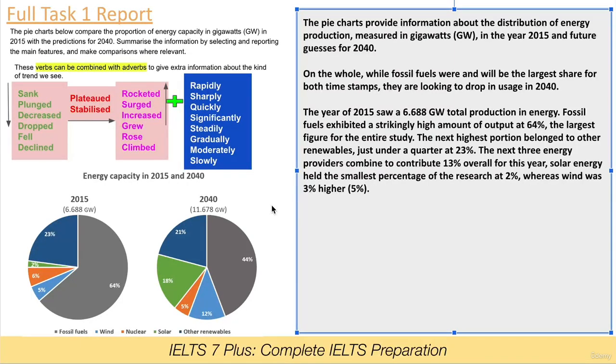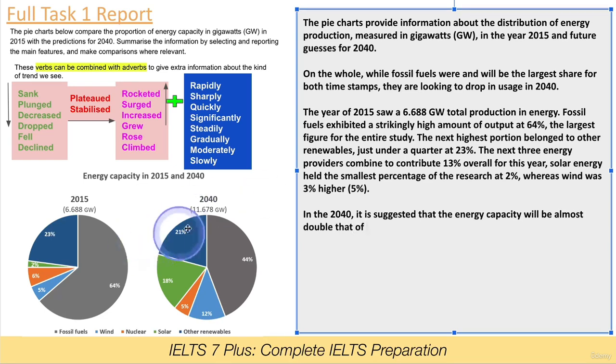Okay, so let's now go to 2040, and we want to say that it's almost the double the total output capacity. So let's do a nice, in the year 2040, it is suggested, because it's future and we're guessing, it is suggested that the energy capacity will almost double that of how many years difference?